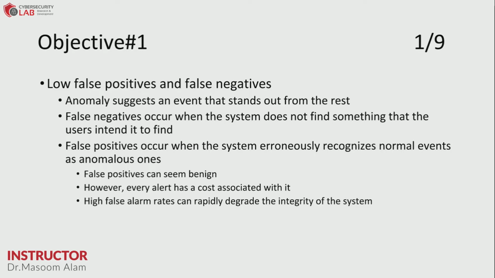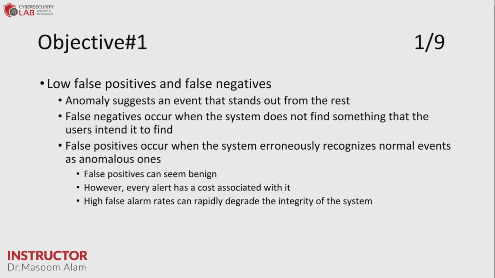However, the main concern of this objective is that every alert has a cost associated with it. High false alarm rates can rapidly degrade the integrity of the system. We will say, oh, this system is always generating false alarms.